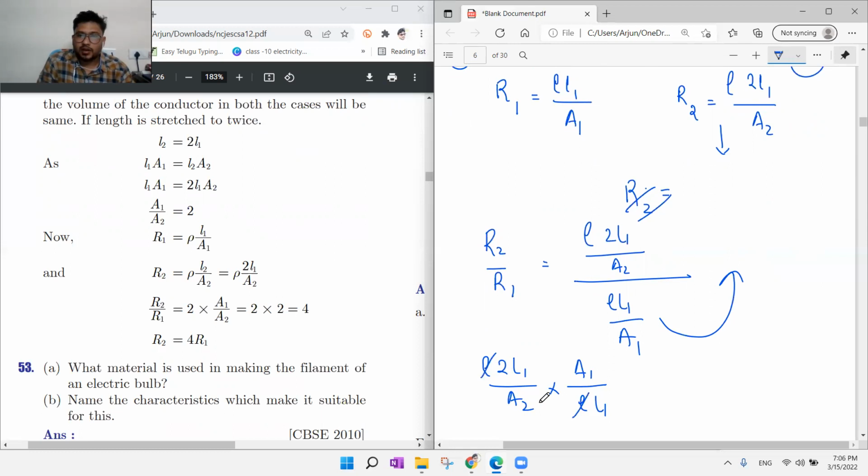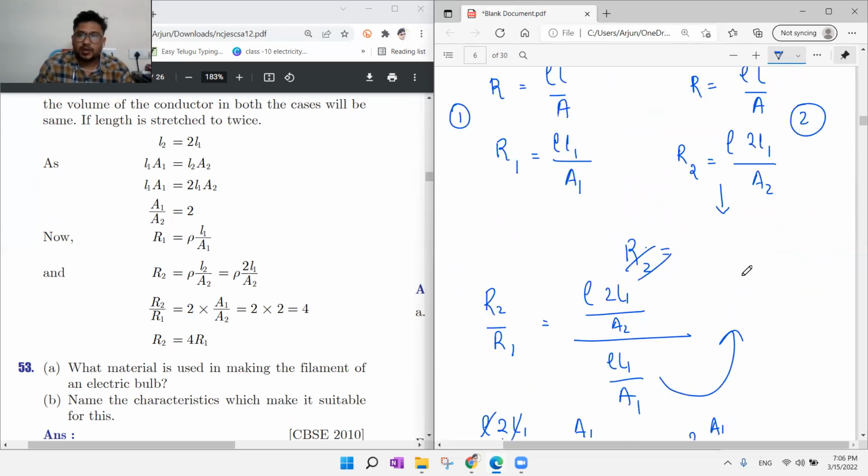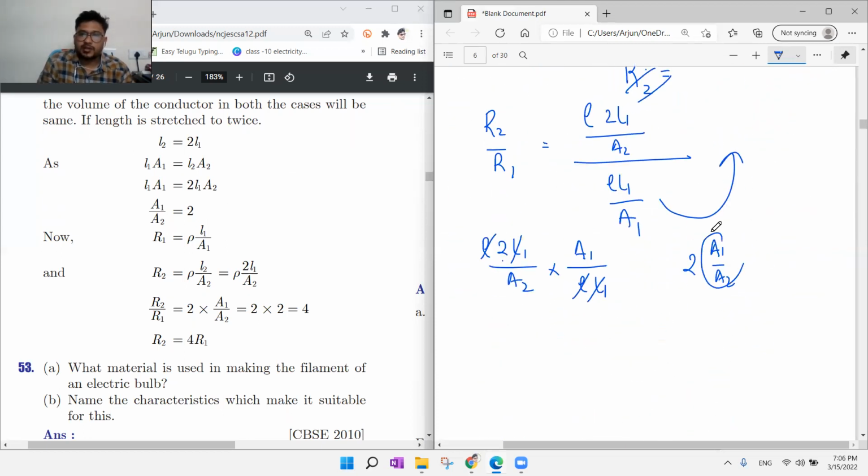Numerator rho and denominator rho, numerator L1 and denominator L1 will be cancelled. We get 2 into A1 by A2. Now A1 by A2 is nothing but 2, so substituting 2, it becomes 2 into 2, which is 4. So R2 is nothing but 4 times R1.